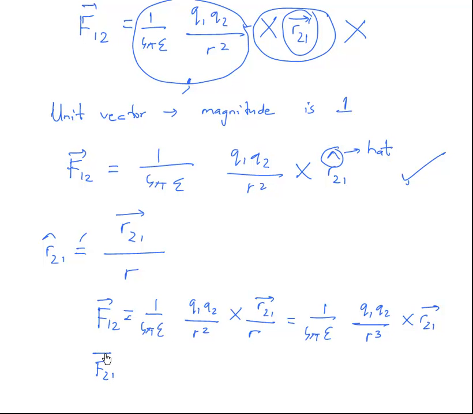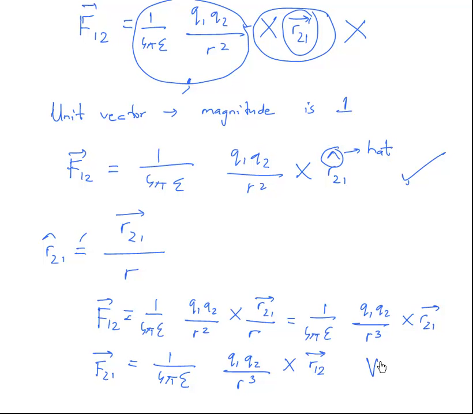What would the formula for F21 be? 1 by 4 pi epsilon Q1 Q2 by R cube into R12 bar, because the two forces have to be opposite in direction.